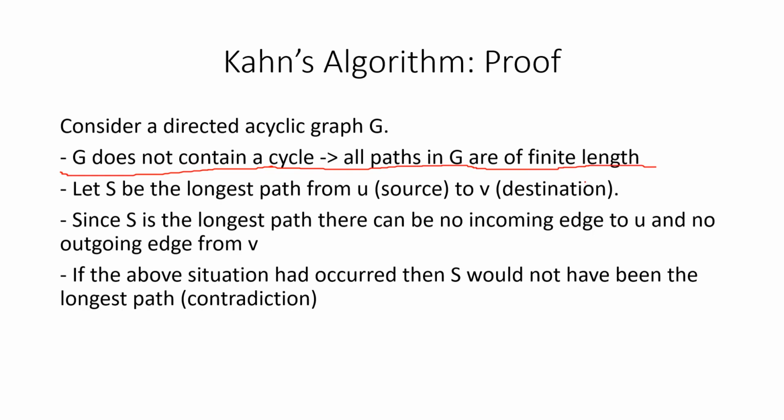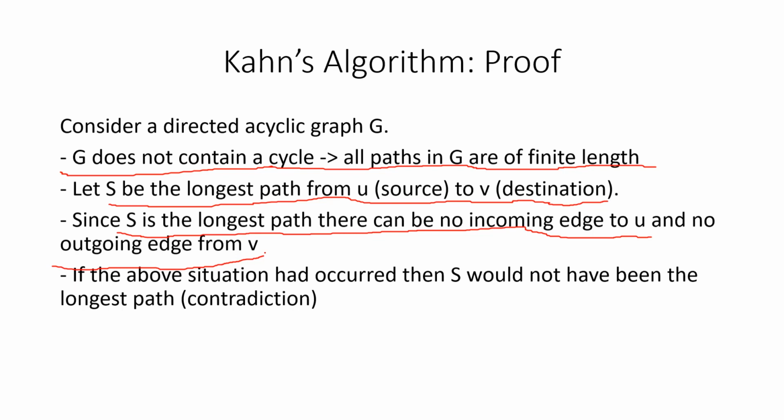Let's say that we have two vertices, and S is the longest path from U to V. So U will be the source and V will be the destination. Since S is the longest path, there can be no incoming edge to U and no outgoing edge from V. If it had an incoming edge to U, it means S is not the longest path, because it could be even longer, right?